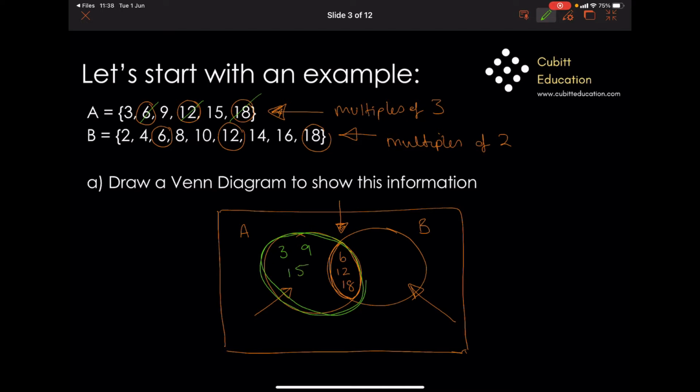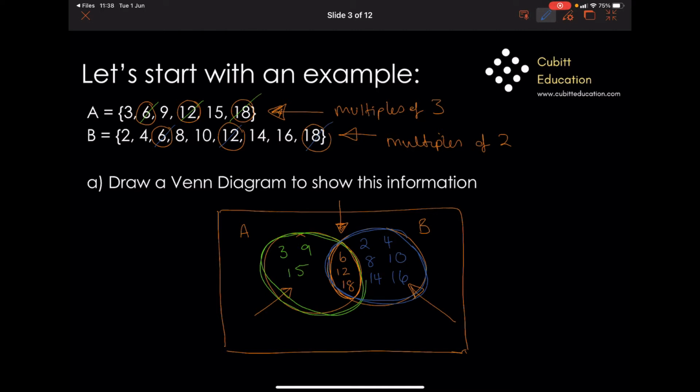Nice and easy. We then have this whole section being B, and we've already put in 6, 12 and 18. So now we can put in the rest: 2, 4, 8, 10, 14 and 16.